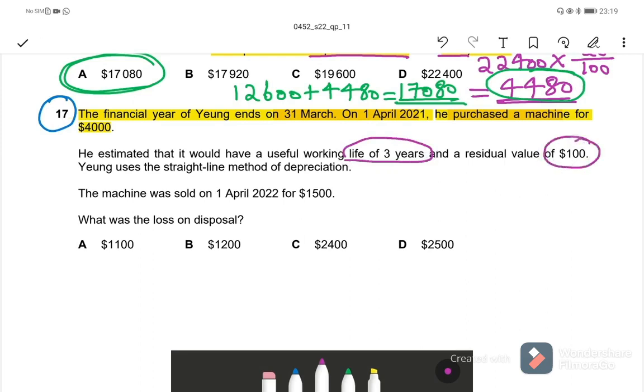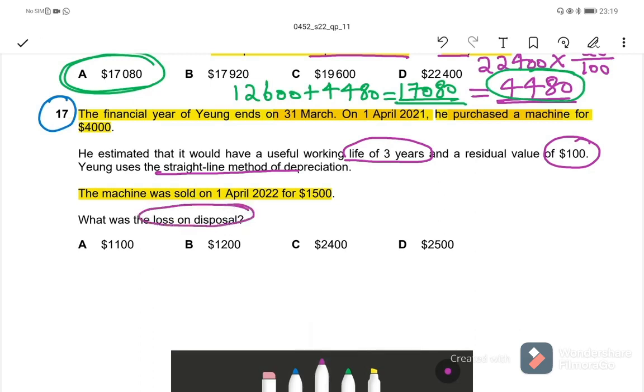Residual value $100. He uses the straight line method of depreciation. The machine was sold on 1st April 2022. The selling price was $1,500. The question is, what was the loss on disposal?